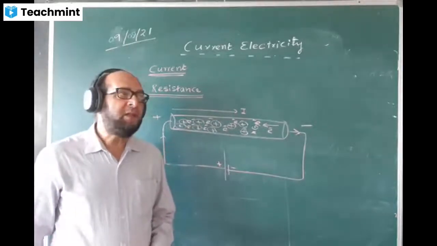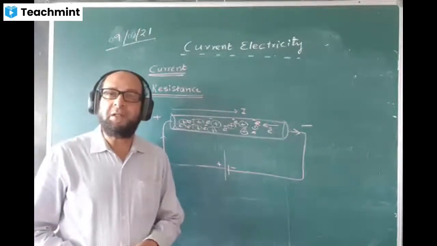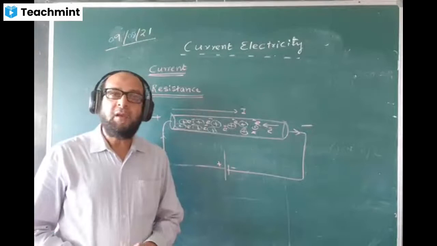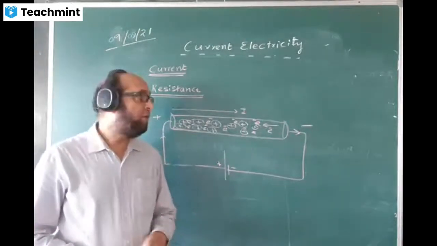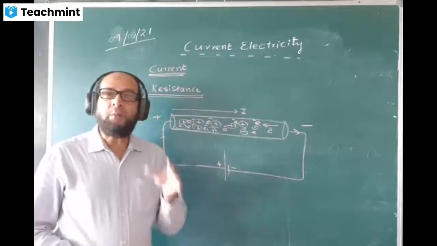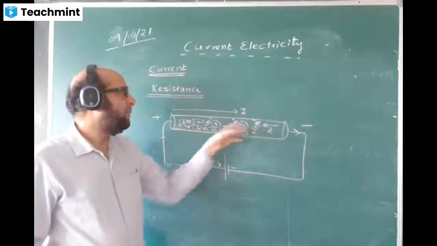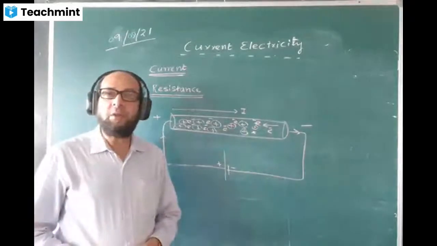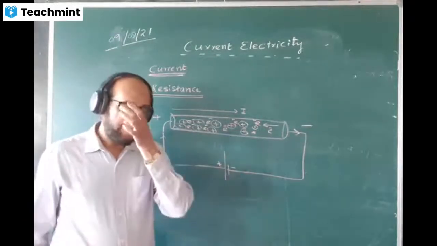That means resistance is the intrinsic, natural property of a conductor. Every conductor will offer some resistance to the flow of current, and that resistance depends upon the number of collisions.